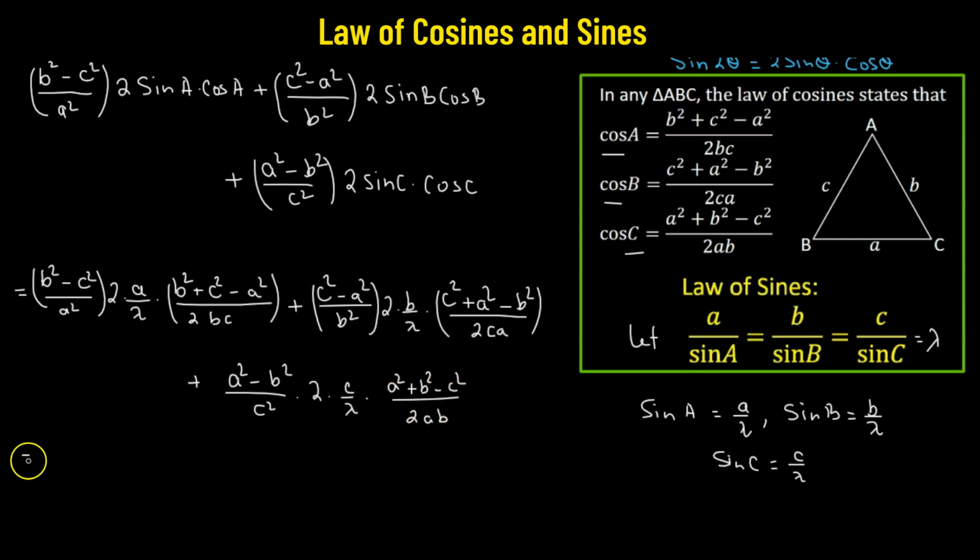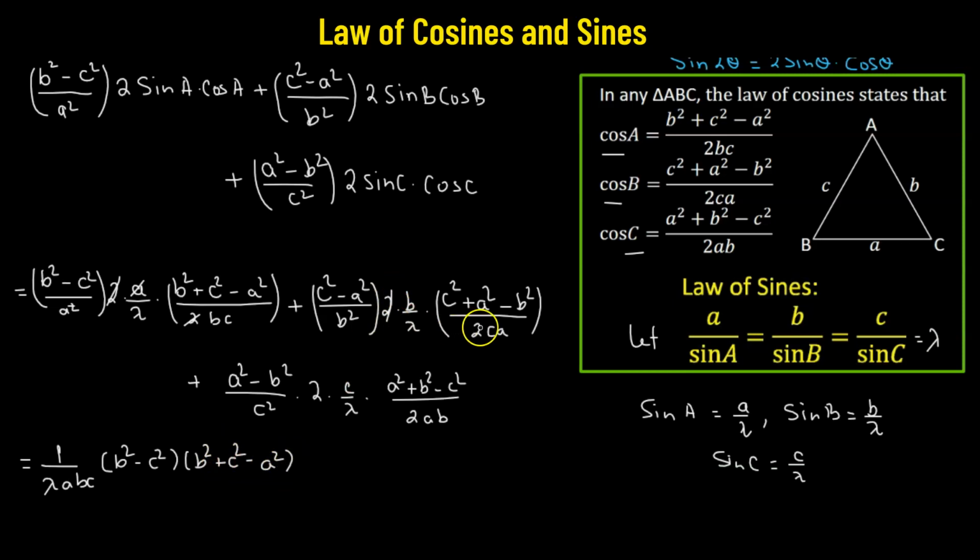Fine. Now we can find out the value. We can factor out a from the numerator and denominator, so we'll be getting 2 over lambda times. Here we can also factor out 2 from the numerator and denominator. So we're going to get 1 over lambda times abc, multiplied by (b squared minus c squared) times (b squared plus c squared minus a squared).